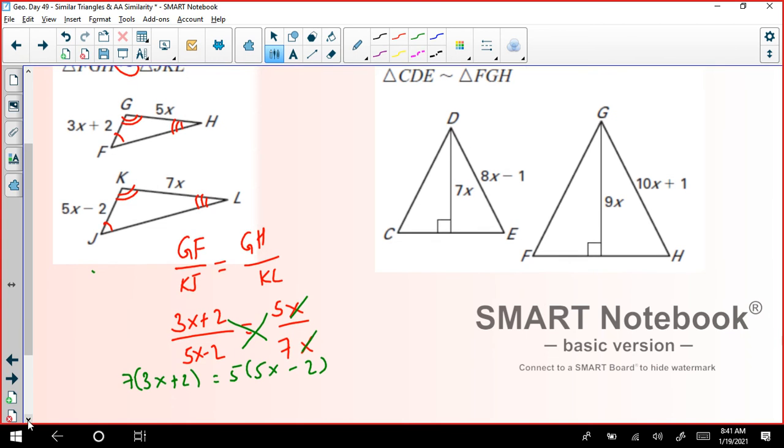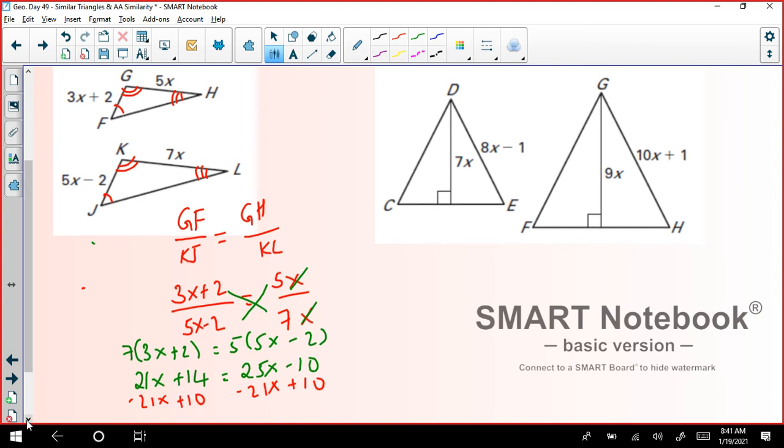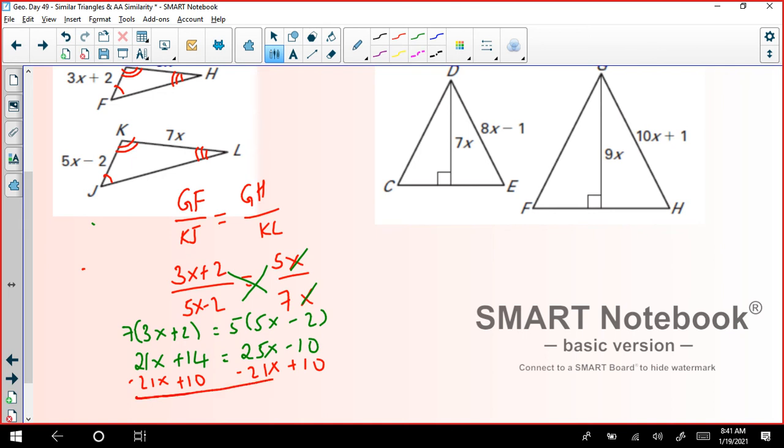We have to further simplify and get the value of x. 7 times 3 is 21 and 7 times 2 is 14. Same thing here, 5 times 5 is 25 and 5 times 2 is 10. To get the value of x, I'm going to subtract 21x from both sides and add 10 on both sides.